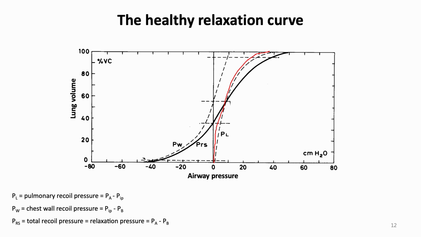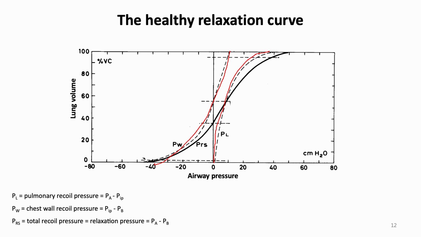The other dashed line here is this one, PW. This curve shows the contribution of the chest wall. So that's the recoil pressure of the chest wall. Again, when negative, the chest wall wants to expand, and when positive, the chest wall wants to get small.